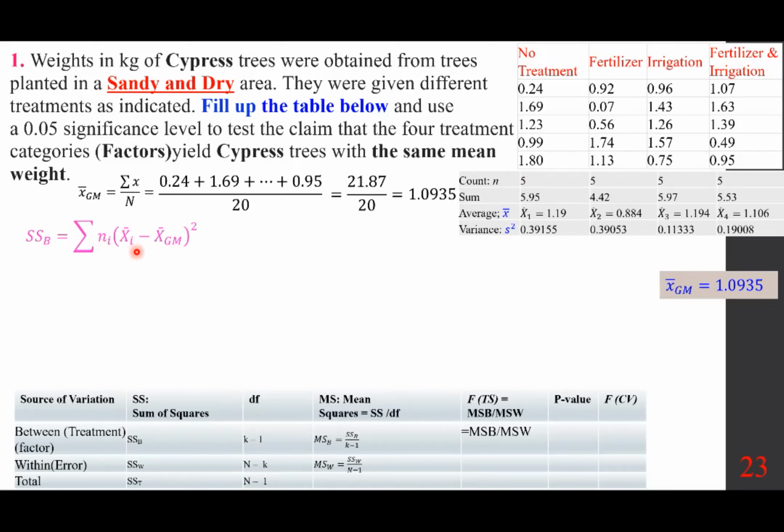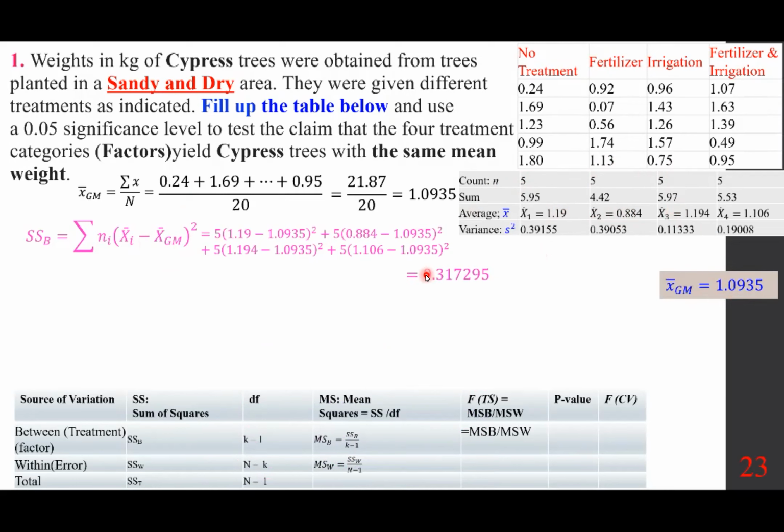Then it would be x sub 1 bar, which is 1.19, minus the grand mean, which is 1.0935, and then square it. Then plus the second one, also n of 5, times x2 bar minus this quantity squared, plus 5 times the parentheses, this bar minus this one squared, and the last one. So that's how you calculate it.